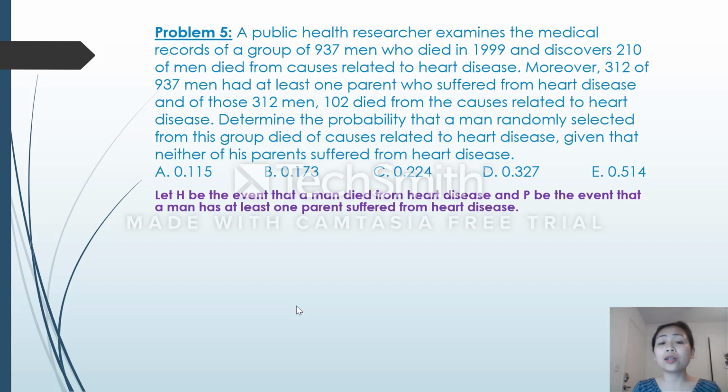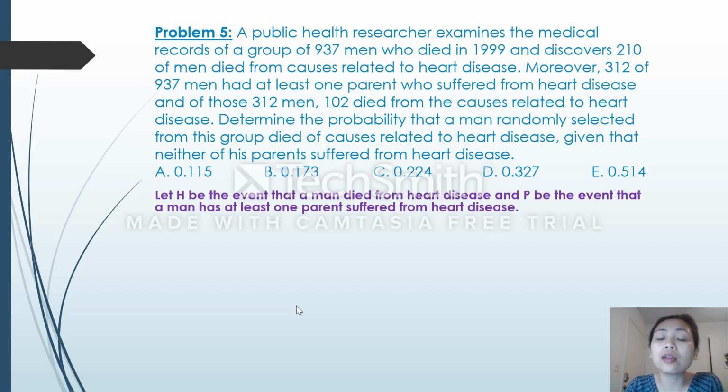Now we are going to write out the information one by one. The first sentence: published health researchers examined the medical records of a group of 937 men who died in 1999 and discovered 210 died from causes related to heart disease. So that means the probability of X is 210 over 937, because we have 937 men who died, and among them 210 died from heart disease.